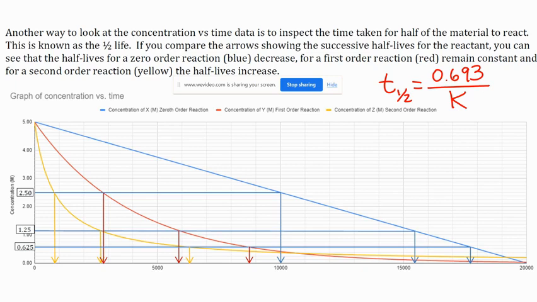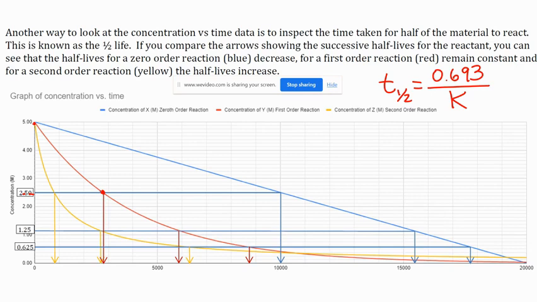So if you know your half-life, so when did this material go down by half? So here we're looking at the first order reaction. We know that this is a first order reaction. Okay, we established that with a straight line a couple slides ago. Yes? Okay. So I can see here that at 2.5, I've gone down.